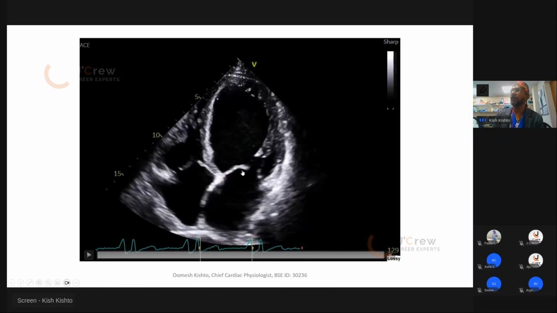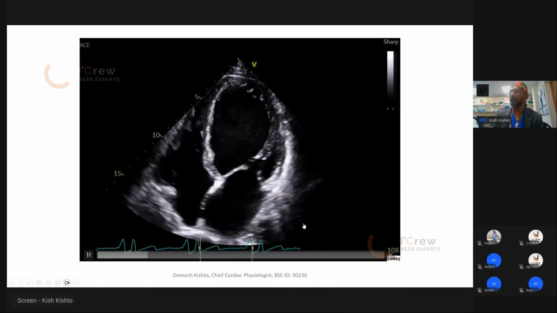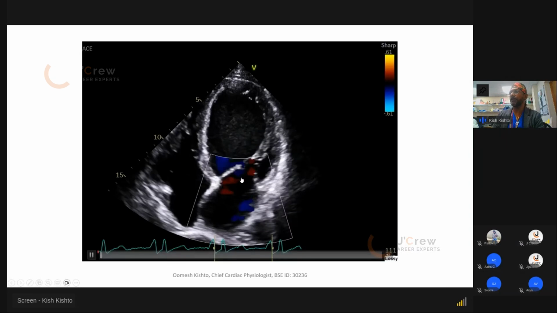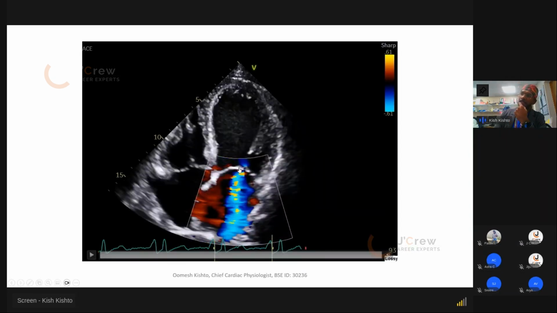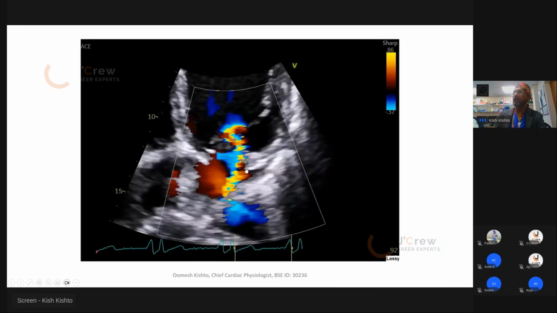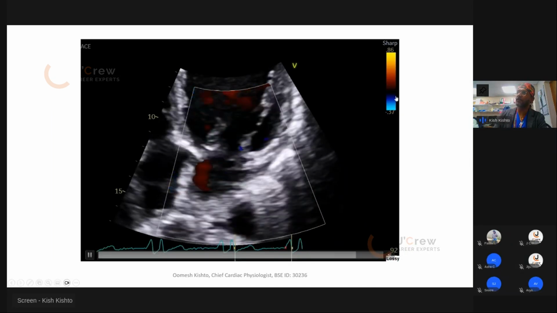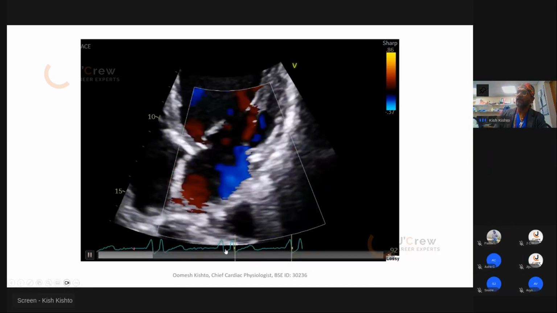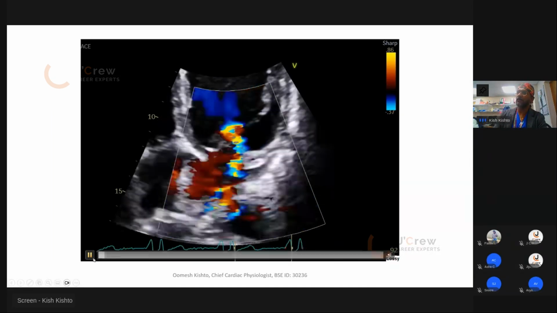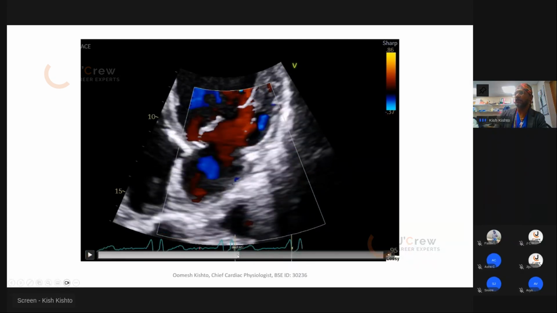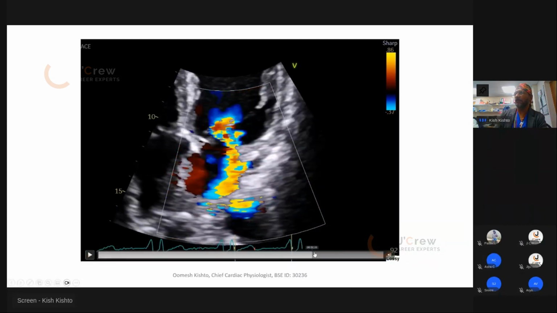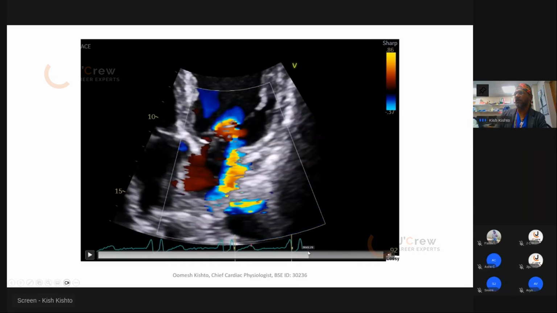So yeah, the anterior leaflet. So here we go. Now you can see the jet of the MR going along the back of the left atrial wall, and there's a bit of PISA there as well. What I've done is reduce my Nyquist baseline, and there we go.